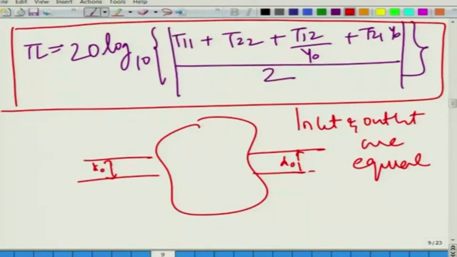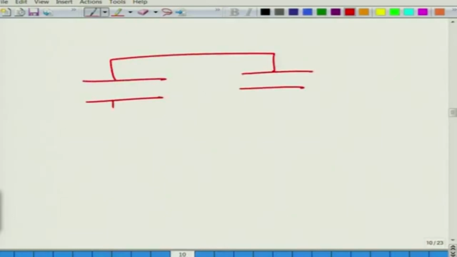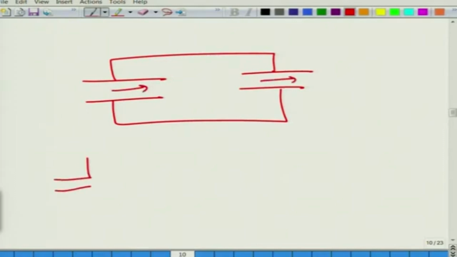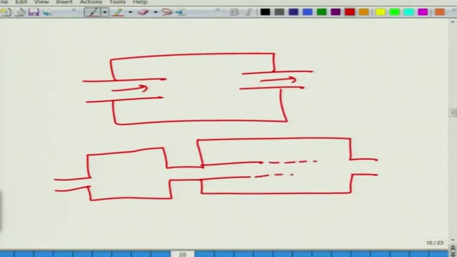One of them being, look, this is a generalized expression in terms of general T11, T22 and all the T parameters, also known as the 4 parameters like I was mentioning. Although we will revert back to the extended inlet and extended outlet case in a while, what I am trying to tell you here is that if you have a general element like this, a simple expansion chamber, or you suddenly have a bigger chamber like this, but with things like extensions or maybe with perforates, we haven't really discussed that element now, but perhaps we could.